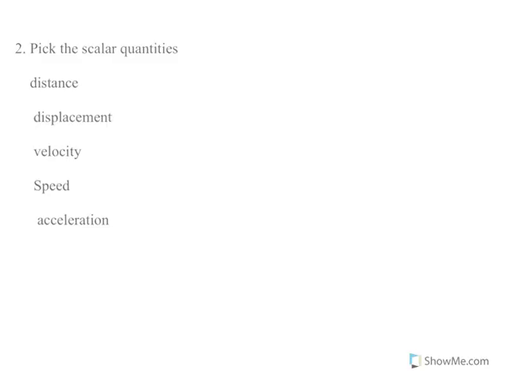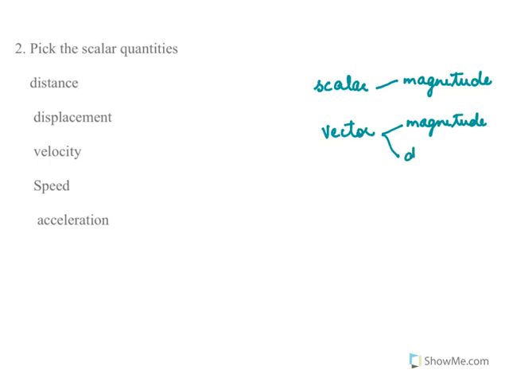Pick the scalar quantities. Now what are scalar quantities? Those that have only magnitude, no direction. You don't refer to direction. And vector quantities have got both magnitude as well as direction.